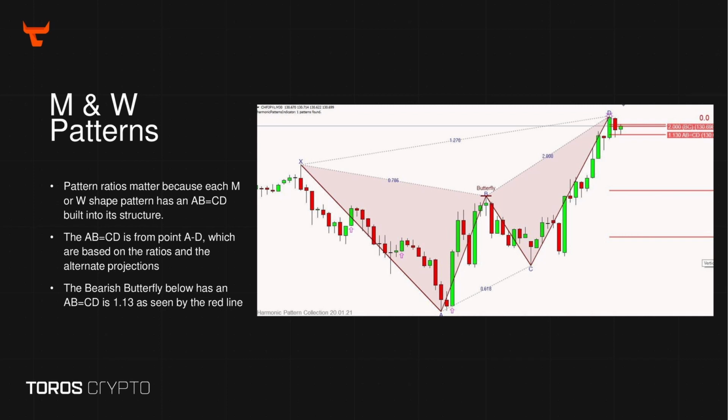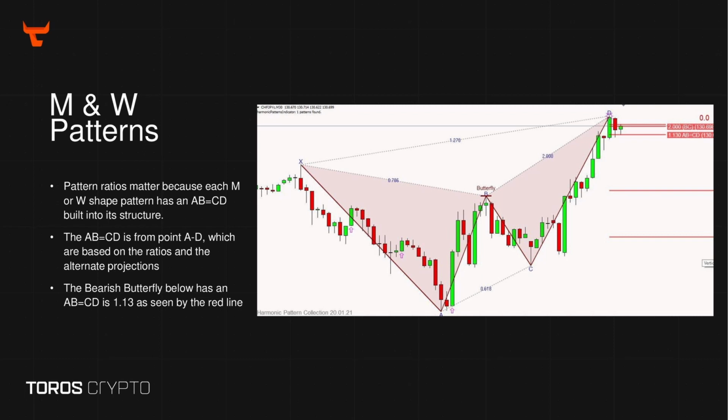So here is an example of a W pattern. This is a bearish butterfly. As you can see, you have a leg down, followed by a retracement. You come back down. The C is higher than the A leg, which is what we look for to maintain that W shape that we're seeking.